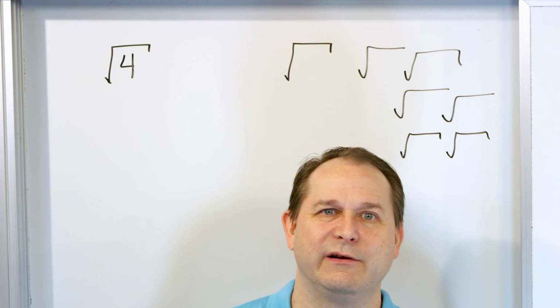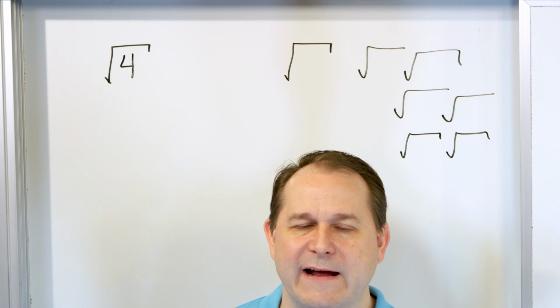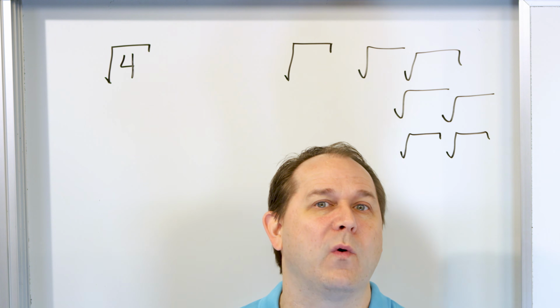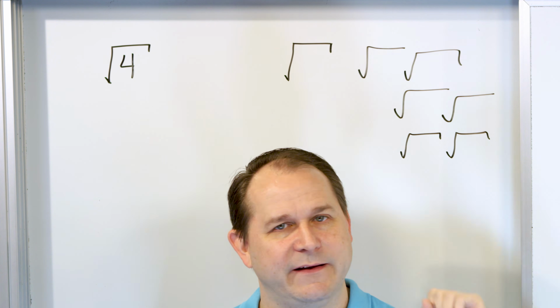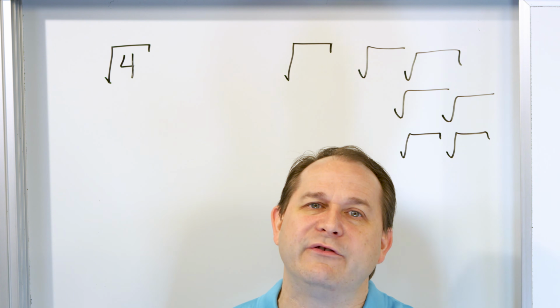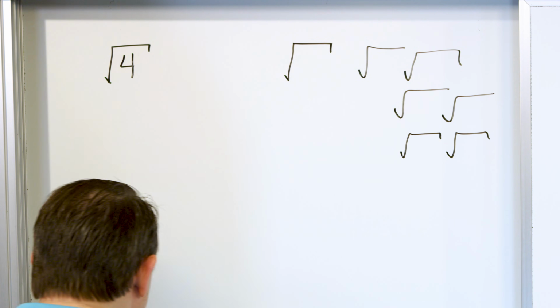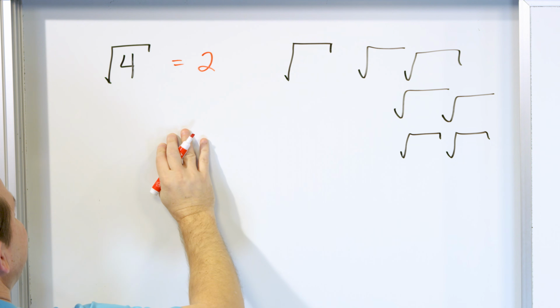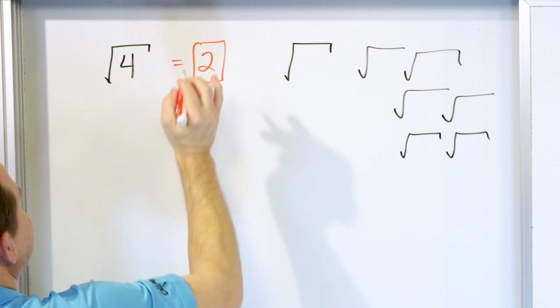Well, let's start with 0. 0 times 0 is 0, so that's not 4. 1 times 1, remember, it has to be times itself. 1 times 1 is 1. That is not equal to 4. But 2 times 2, that is the next number up, and 2 times 2 does equal 4. So without doing any work at all, we can say that the square root of 4 is equal to the number 2. And you would circle this as your answer.